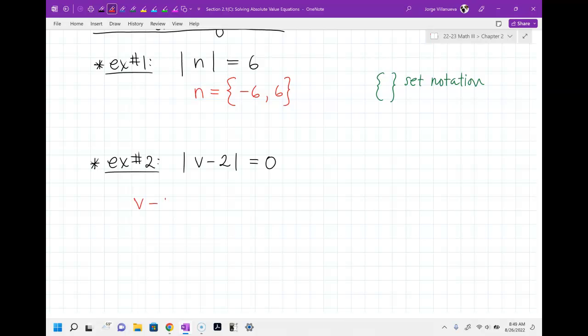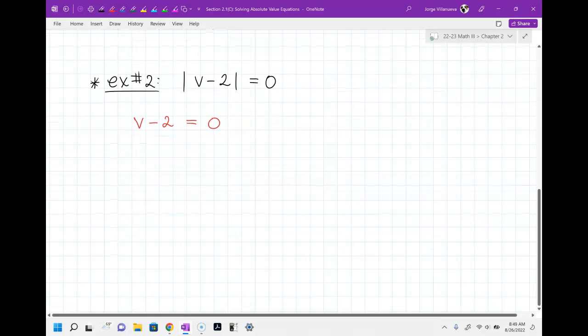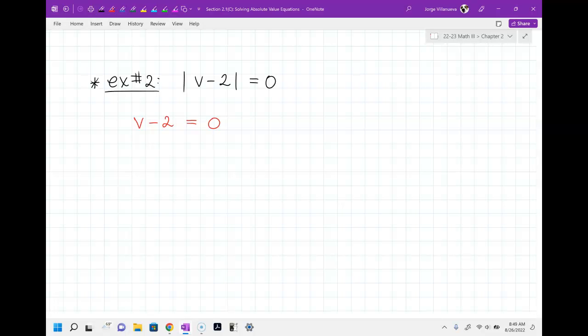The first equation you write looks identical without the absolute values. Okay? So the first equation looks identical just without the absolute values. The second equation looks identical, but you're supposed to put a negative on the other side.